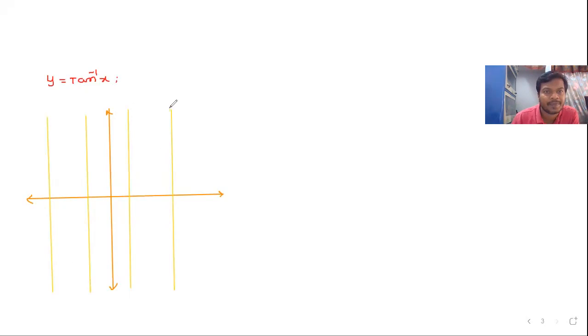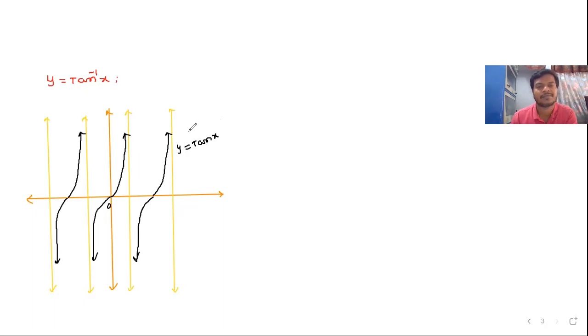Right. And we know the graph of tan x by our previous discussion. It is clear that we get in this way. This is actually y equal to tan x graph, right?